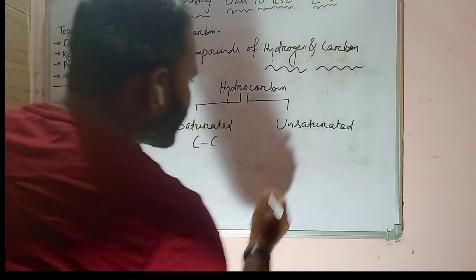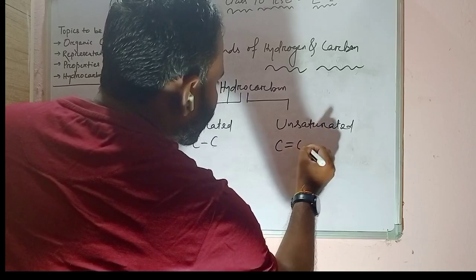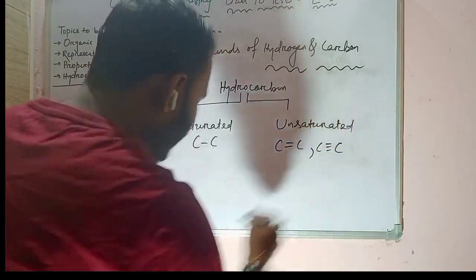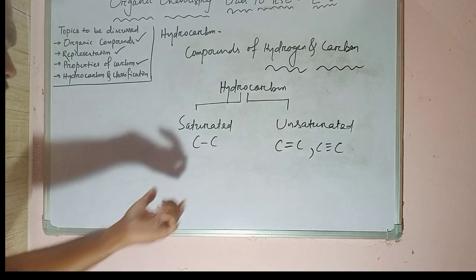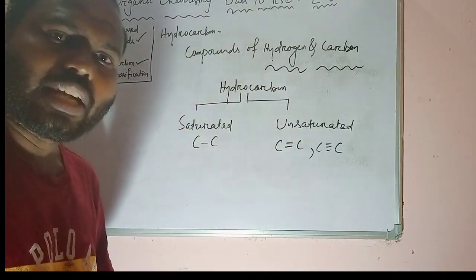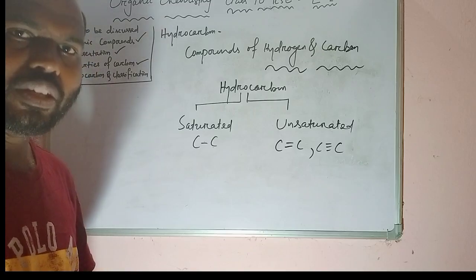And what is unsaturated hydrocarbon? When there is the presence of a double bond or triple bond between the carbon atoms, that is known as unsaturated hydrocarbon. I hope you understood this.